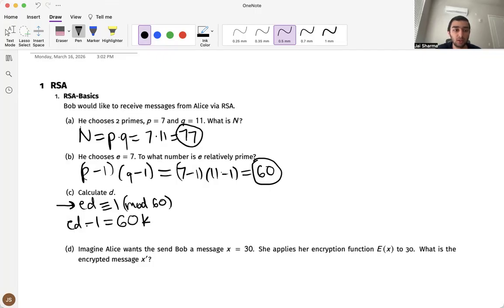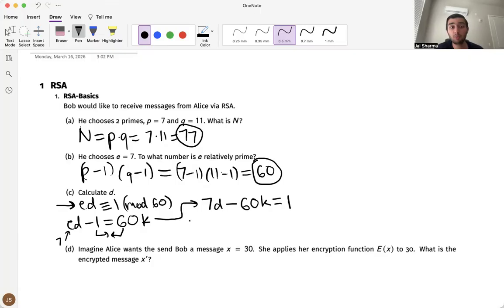I'll bring the 60k to the other side, bring the 1 to the other side, and replace the e with a 7. So this becomes 7d minus 60k is equal to 1, right?